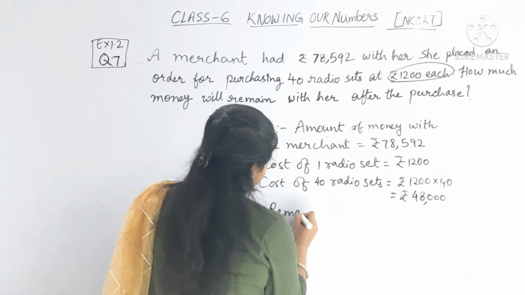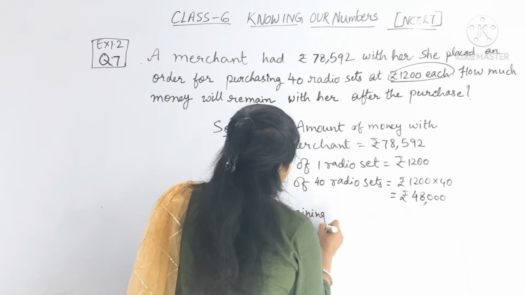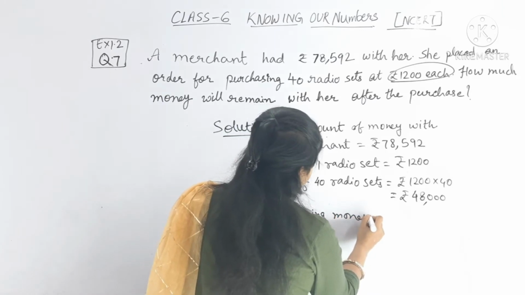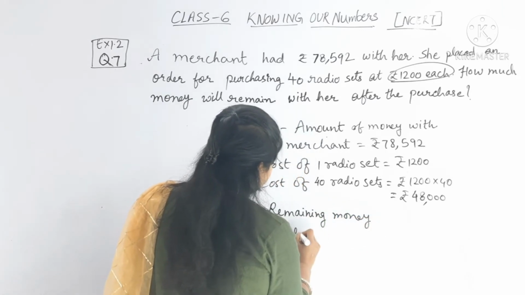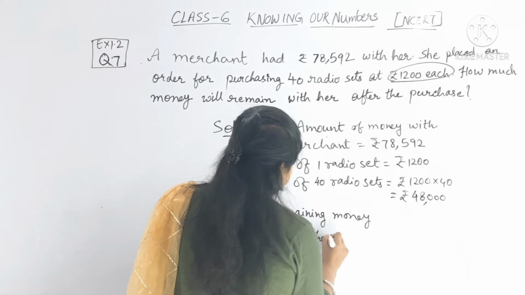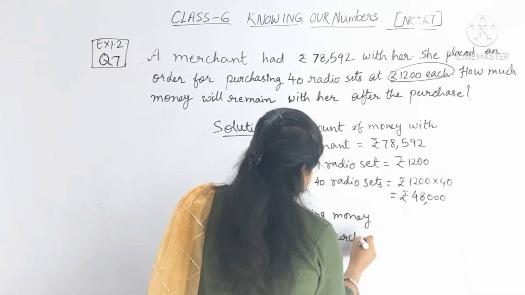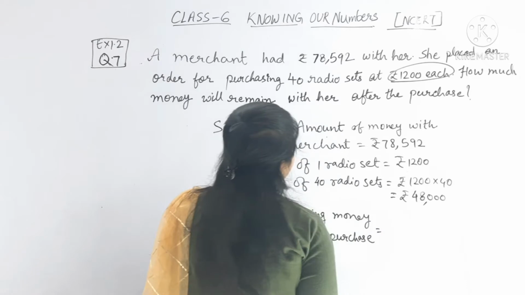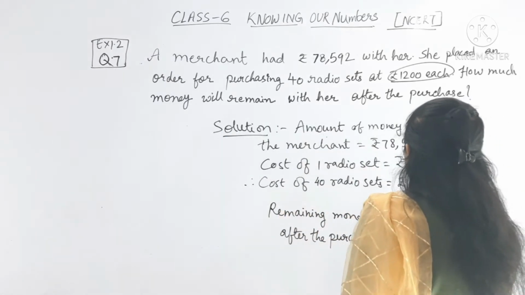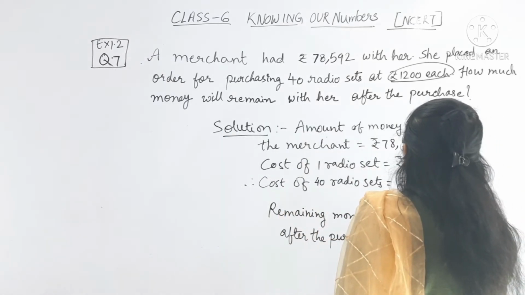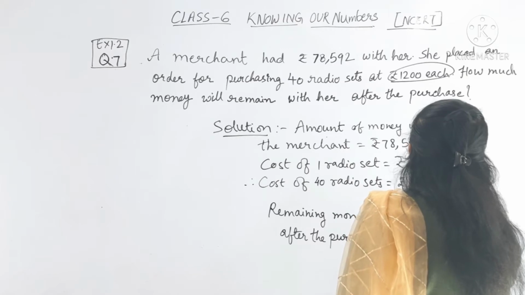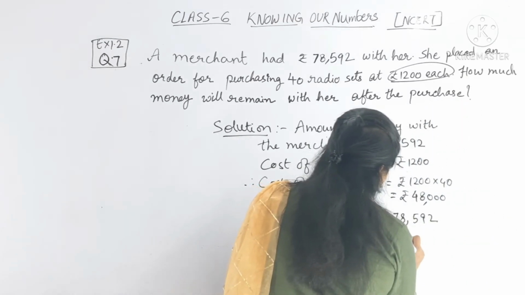So the remaining money after the purchase is equal to rupees 78,592 minus 48,000.